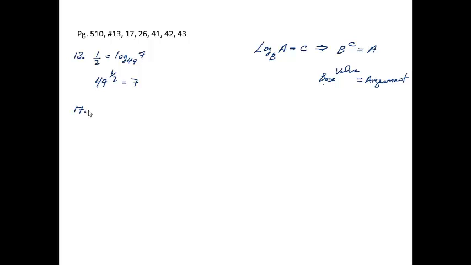Let's look at number 17. Now it says write each equation in its equivalent log form. So now you want to go from your exponential to your log. I have b to the 4th power equals 625. Remember, that's the same as saying base to the value equals the argument.